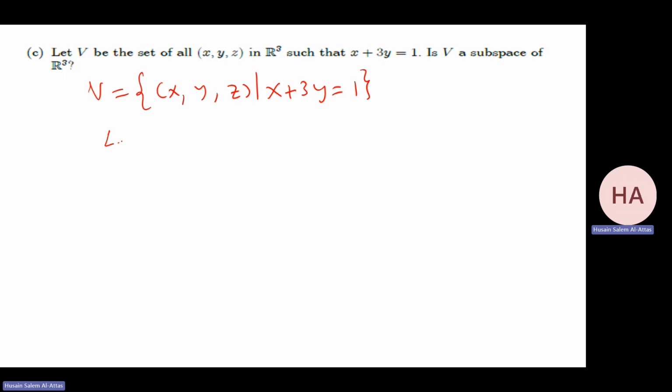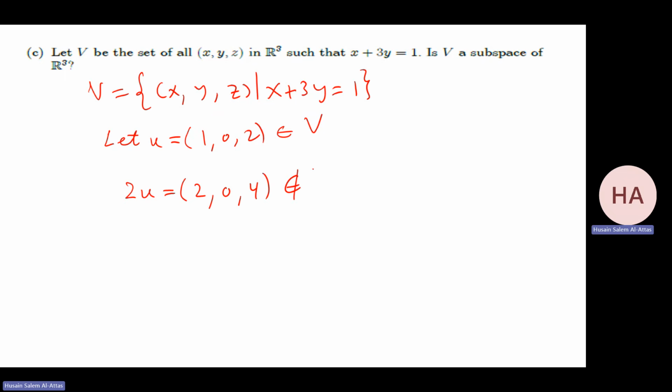So let u be (1, 0, 2). Then this belongs to V. However, check 2u. 2u will be (2, 0, 4).